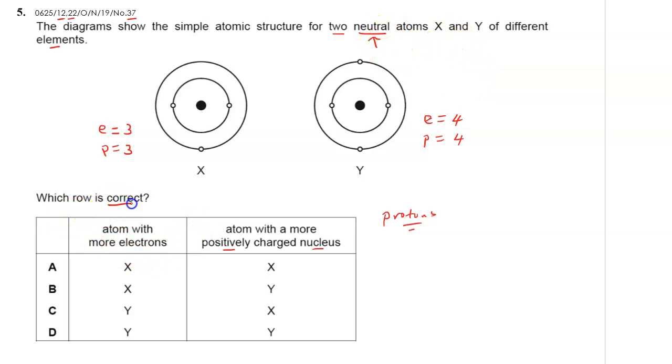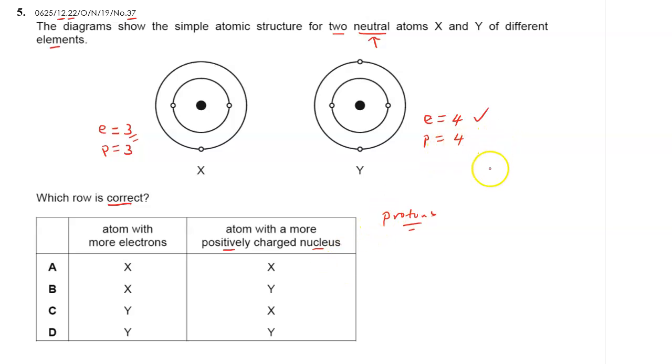So let's go here. Which row is correct? A, the atom with more electrons is not X. The atom with more electrons is Y, because Y has 4 electrons compared to 3 electrons of X. So both A and B are wrong, and we're talking about C and D. The answer can be either C or D. Let's go to the atom with a more positively charged nucleus.